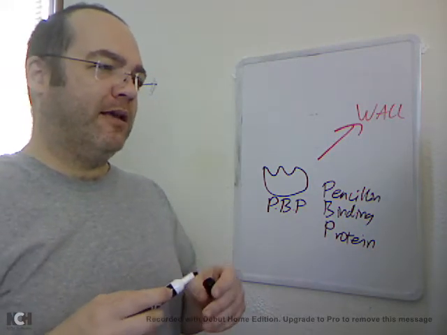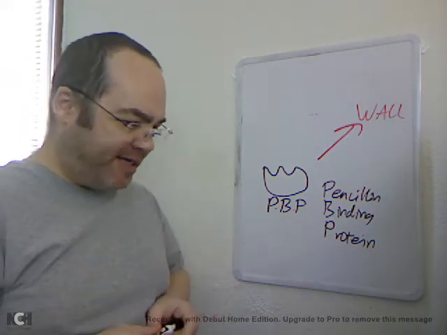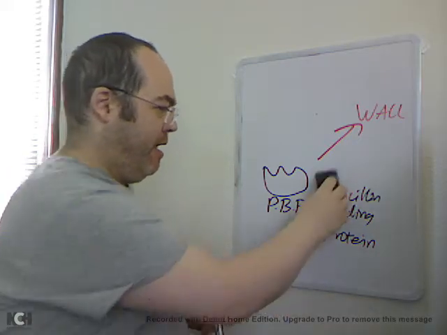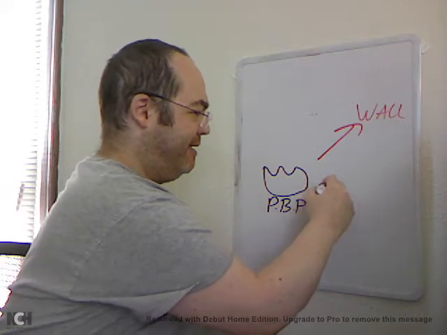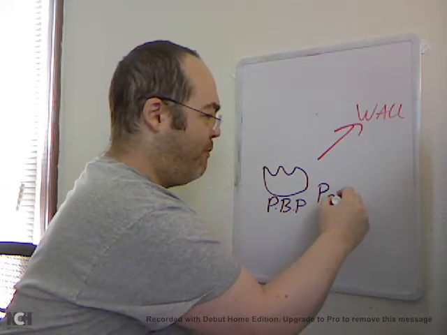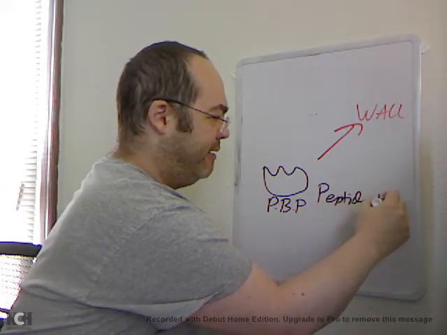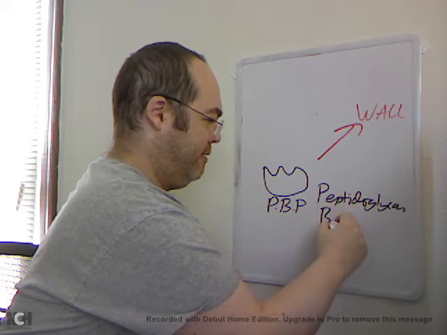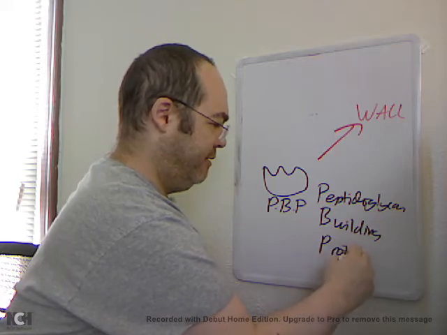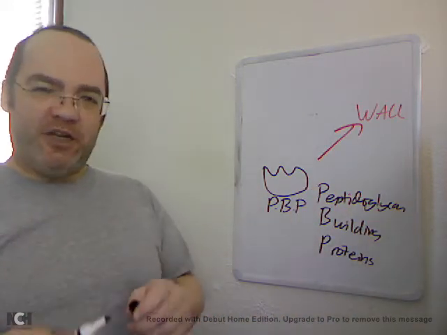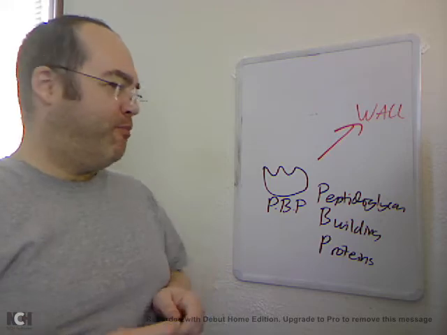I'm probably going to spell penicillin wrong many times. But we can perhaps think of it as our peptidoglycan building proteins. That's what they actually do. They build peptidoglycan.